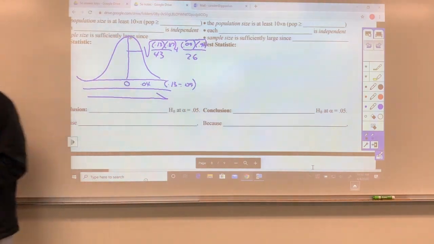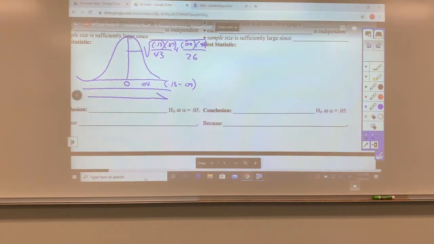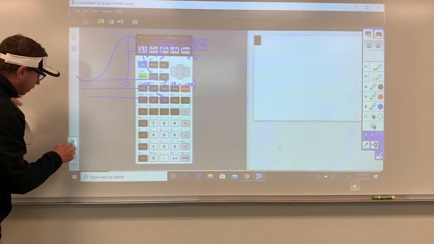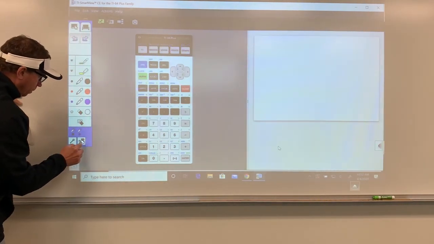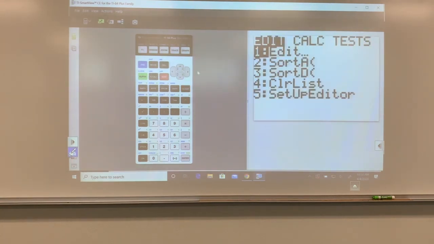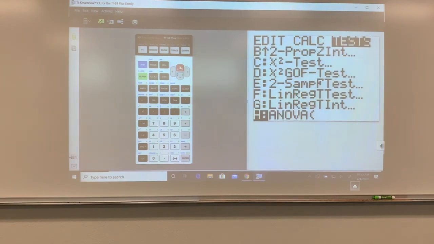Okay, so let's do this. I'm going to go ahead and erase this. Okay, so you're going to go stat, tests, and you're going to go to 2-prop z interval.